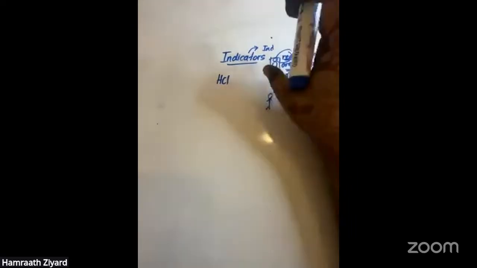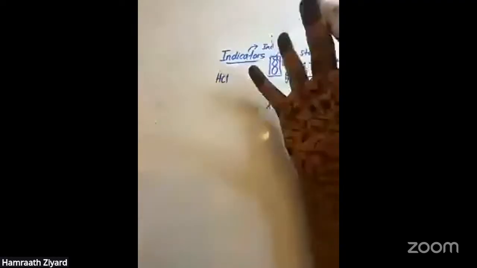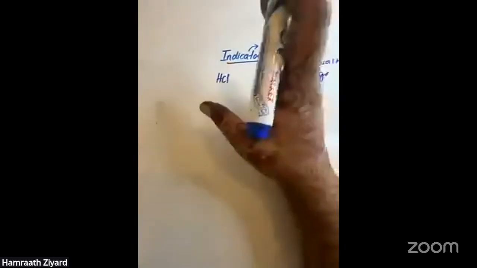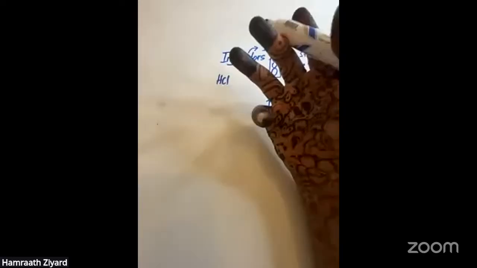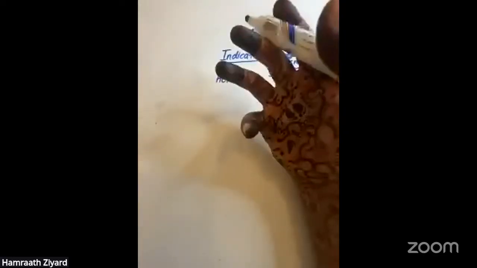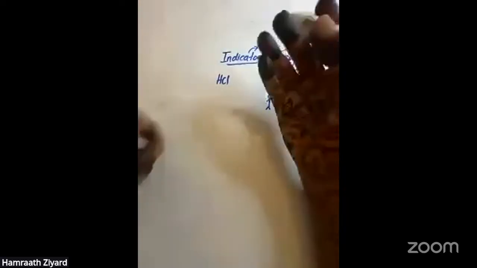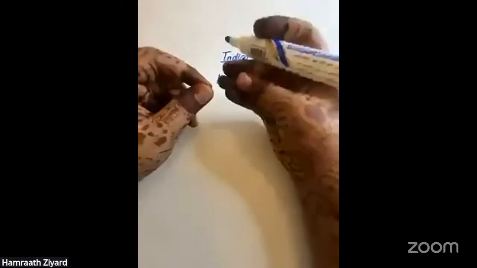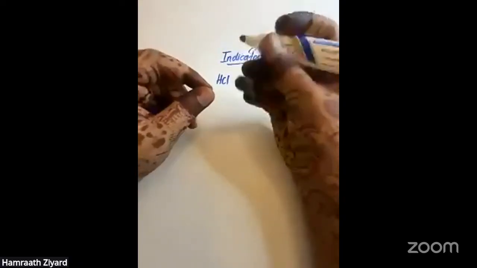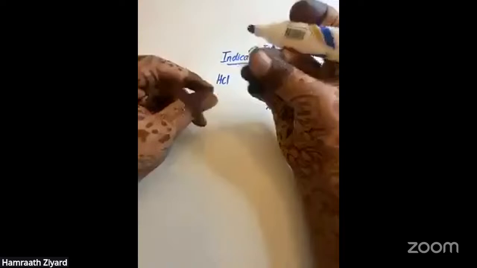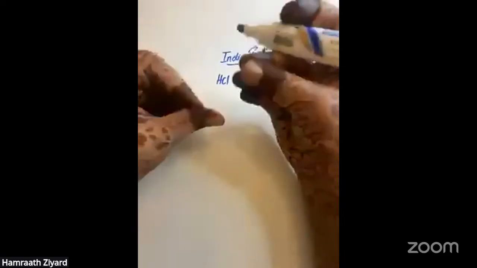So say, for example, now you have an indicator. Have you ever used a natural indicator at your home? Natural indicator, turmeric. Have you used turmeric as an indicator? So turmeric is a natural indicator. If you want, you can try, take the turmeric and add some soap to it, and when you mix that, you get around a red color.